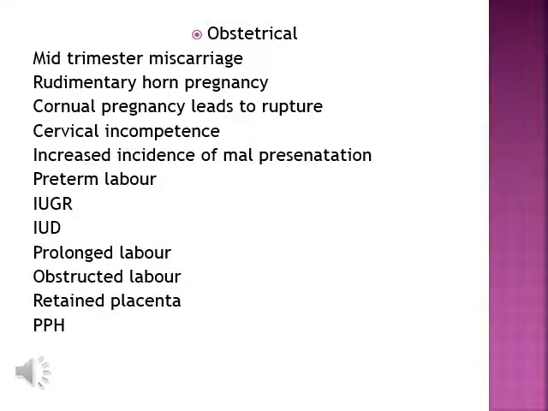This also leads to miscarriage. Cornual pregnancy leads to rupture. Cervical incompetence. Increased incidence of malpresentation, preterm labor, IUGR, IUD, prolonged labor, obstructed labor, retained placenta, and PPH. So all these complications can occur in a mother who has a uterine anomaly.